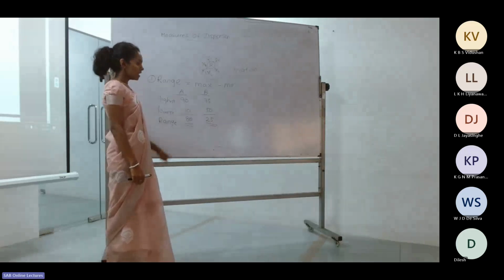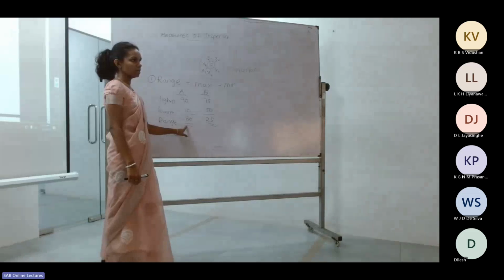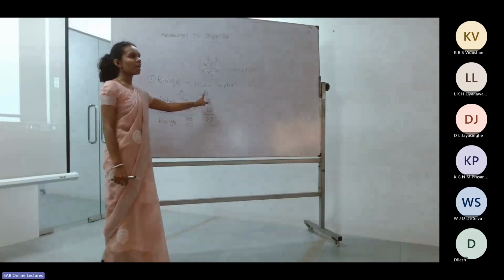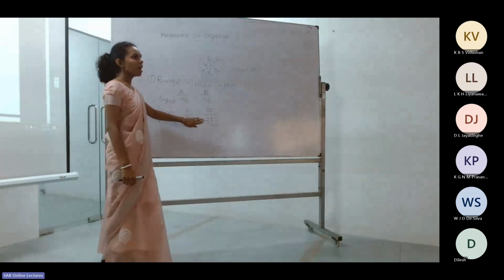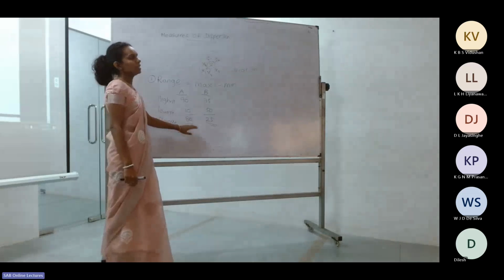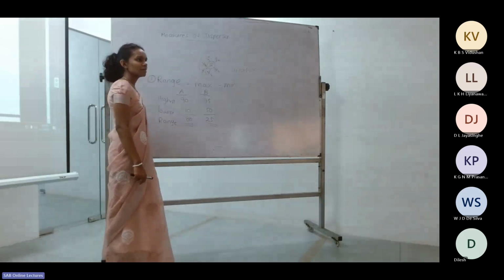Class A. Why? Range value is 80. 80 is the highest value here. The range in class A is greater than class B. Then it means higher variation is in class A. Understood? Then tell me which class is more consistent.